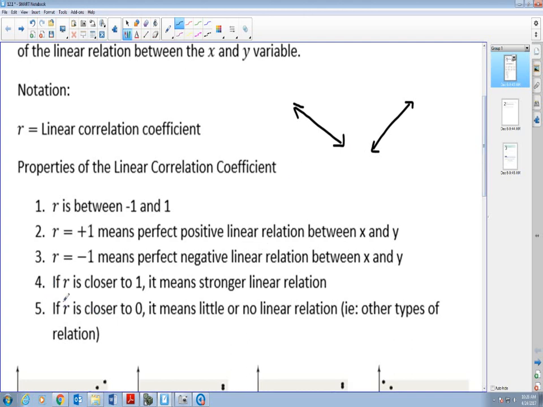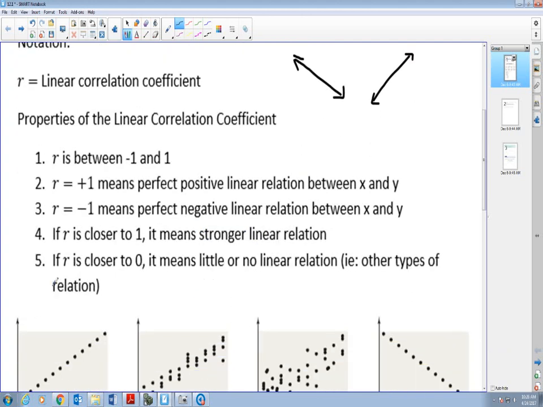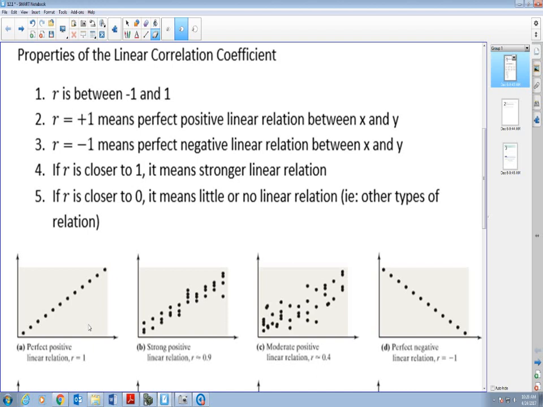Now if the R is closer to 1, it means a strong linear relation. So 1 means 100%. If R is closer to 0, it means little or no linear relationship. That means our data entry could be other types of relation.